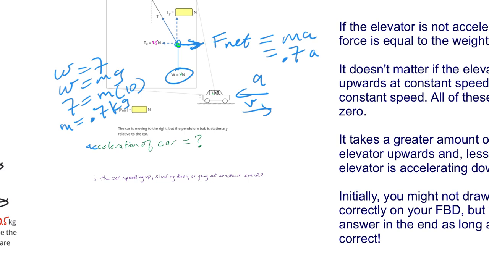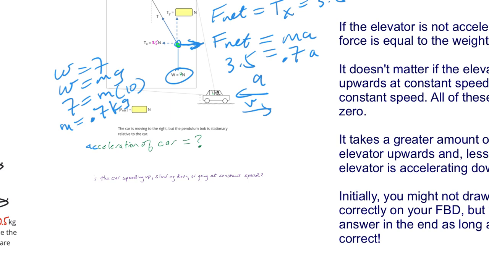and the net force, because the pendulum's really not moving once it swings forward, the net force is equal to Tx, which is giving us 3.5. So 3.5 equals 0.7a.